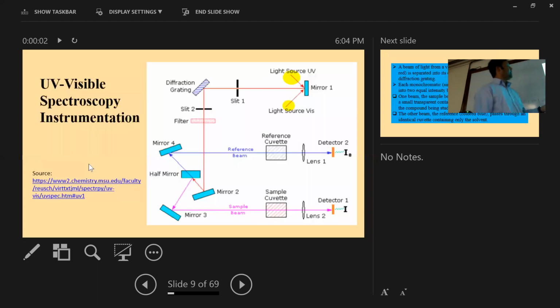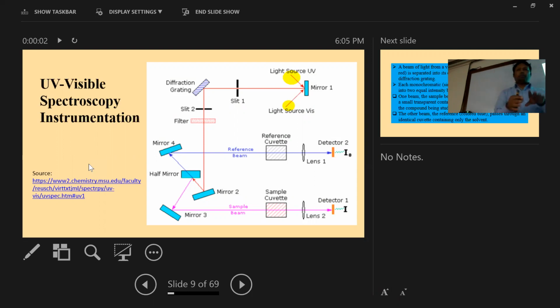What I have shown here, this is the light source. It is generating all the wavelengths. But with this grating, you can adjust the position depending on what wavelength you want to get out. If you want the wavelength from 200 to 1000 nanometer, it is programmed automatically.